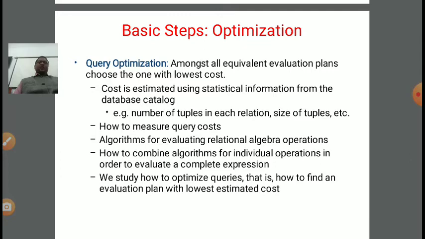This decision is taken by the optimizer, so this task is done under the step of query optimization. Among all equivalent evaluation plans, choose the one with the lowest cost. How? The cost is estimated using statistical information from the database catalog, for example the number of tuples in each relation, the size of tuples, etc.